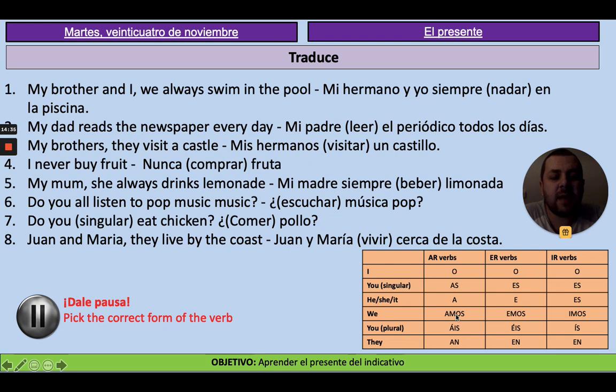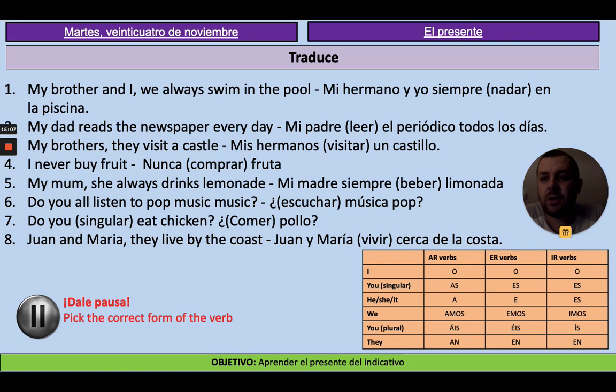Now you can pause the video and try and have a go at changing all of the verbs in brackets into the present tense, removing the infinitive ending so you're left with the stem, and then adding the correct present tense ending depending on what person of the verb it is and what type of verb it is, AR, ER, or IR. Give yourself about 5 minutes to do that, and then come back here to see the answers.